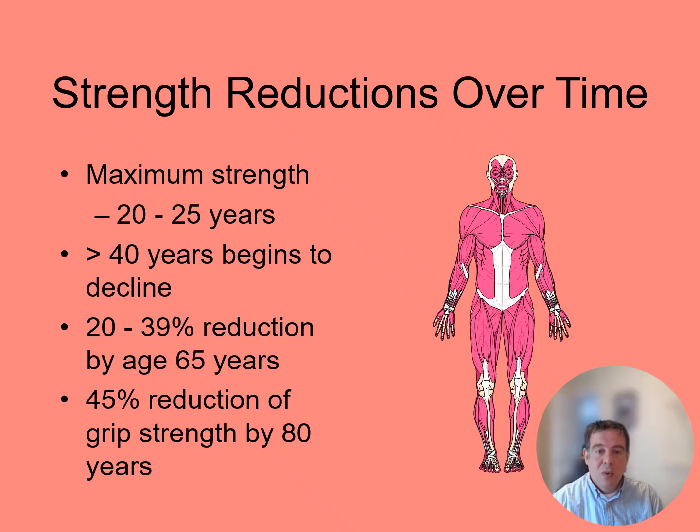Usually they say 21 is our strongest, most dense our bones are going to be. And after 40 years old, they found a decline in how much we can lift things. So by the age of 65, almost a 39% reduction in our lifting ability and 45% reduction by the time we're 80.